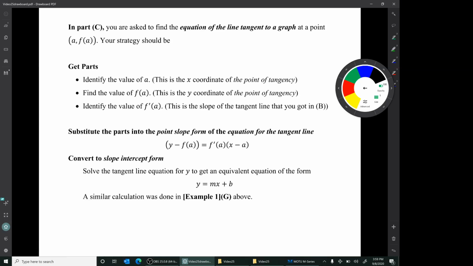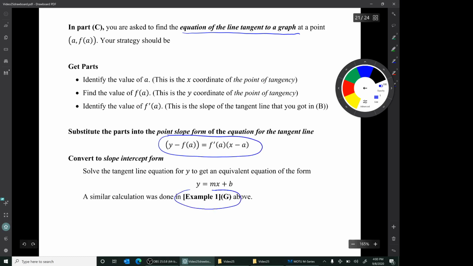In part 1C, you're asked to find the equation of a tangent line. Now remember that the strategy was we want to build this equation. And the strategy that I used in example 1G was I first got the parts, so identified the value of a, I found the value of f of a, and identified the value of f prime of a.